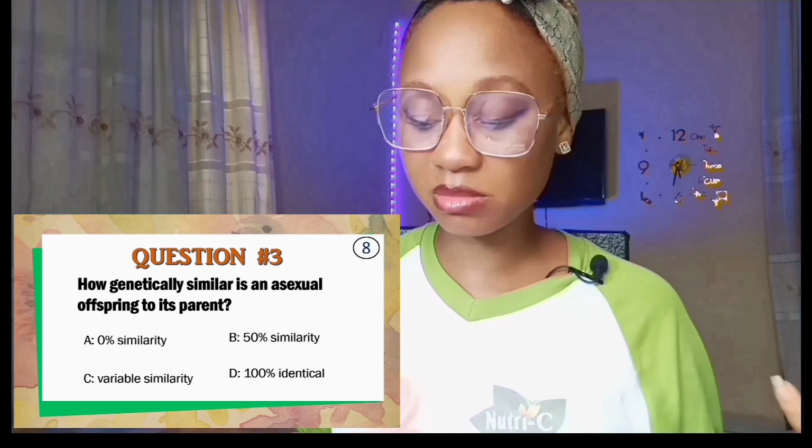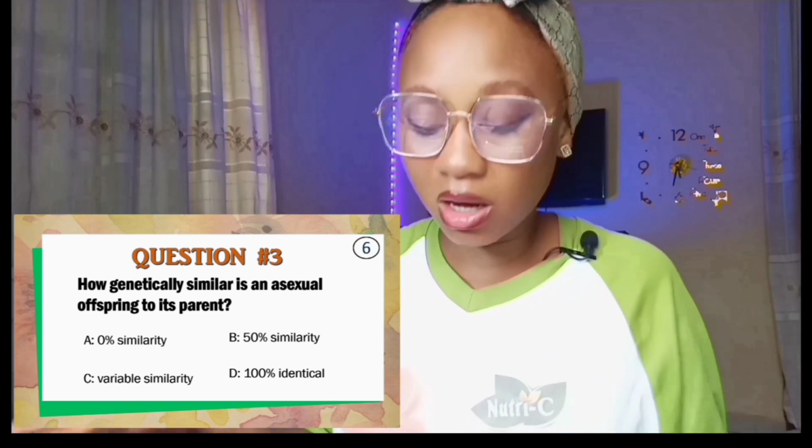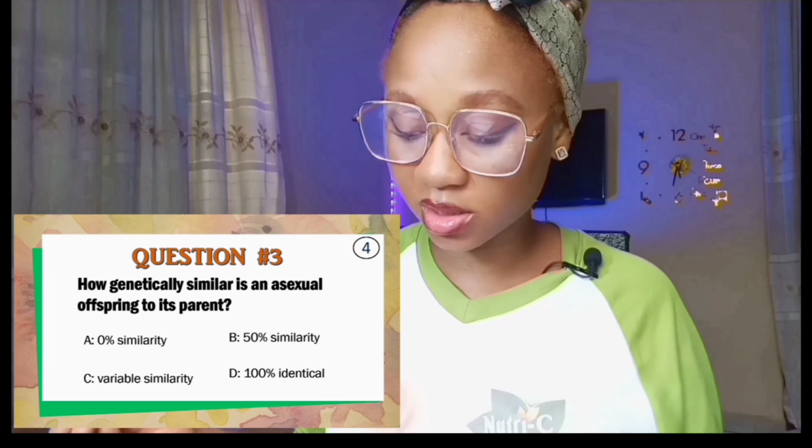How genetically similar is an asexual offspring to its parent? All my science educational days, I've never seen this type of thing in my life.